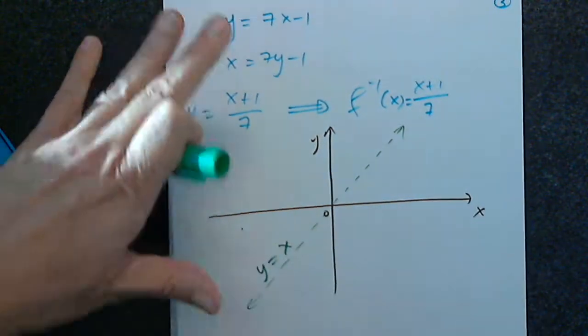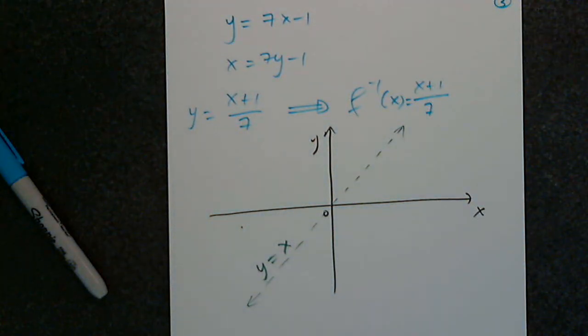Mandatory: I know that they have to be symmetric with respect to y equals x. If one of them crosses y equals x at a point, the other one must cross y equals x at the very same point. Remember, the points on y equals x are 1, 1; 2, 2; 3, 3. If you reverse those, you still get the same point. So that's my first thought to graph this.